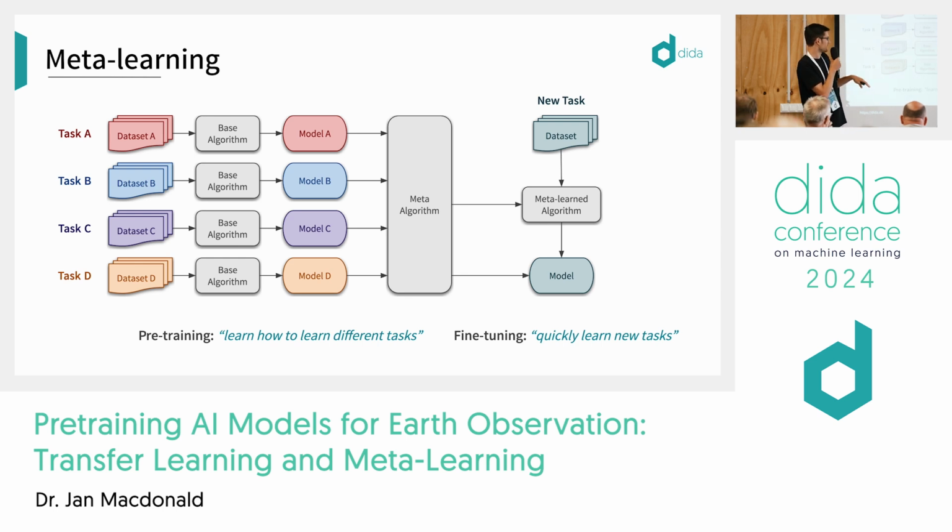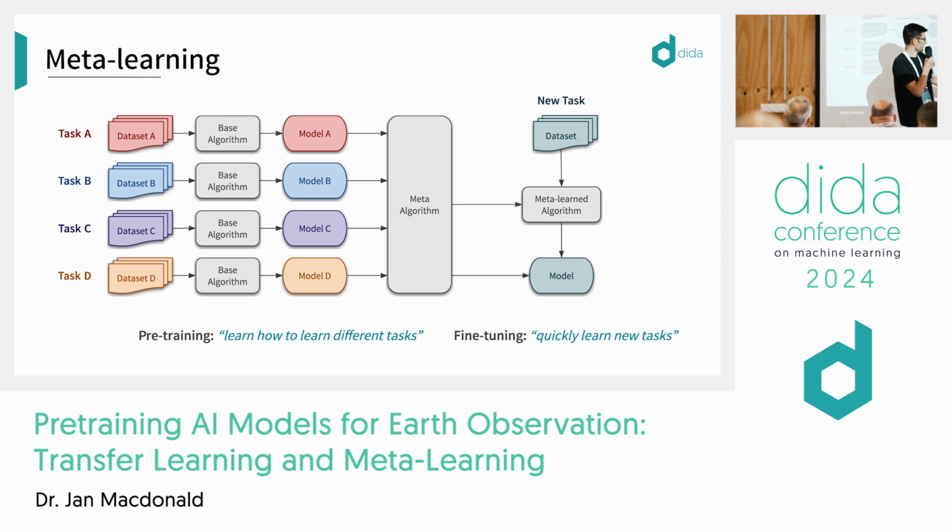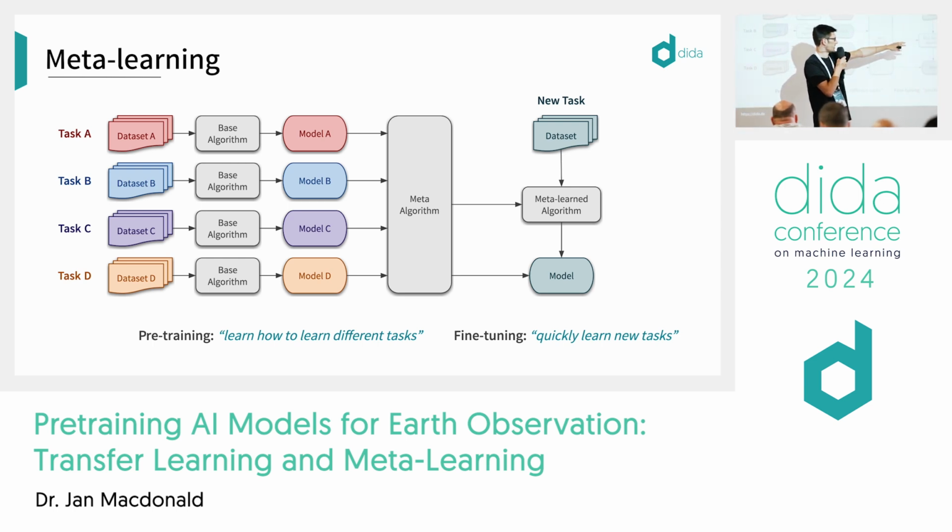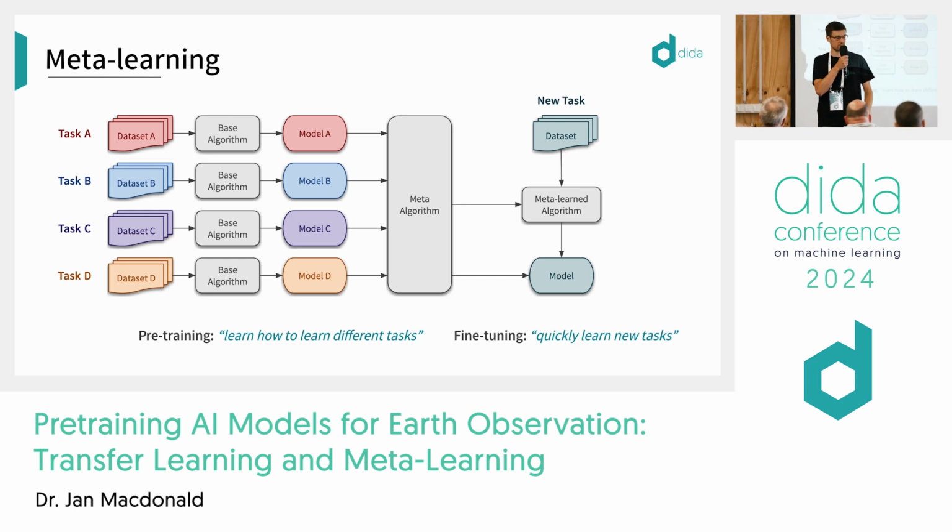Then the goal of the pre-training stage here is to learn about the learning itself. So you have some meta-learning algorithm that observes the different learning processes on these different tasks and tries to gather some information about the learning itself from that. The goal is to then improve the learning algorithm itself so that it can more quickly adapt to new tasks afterwards.